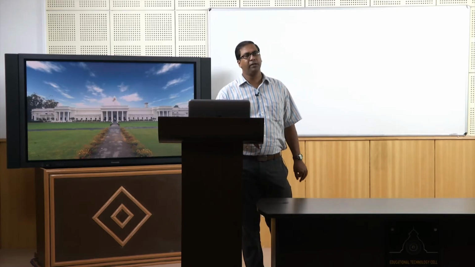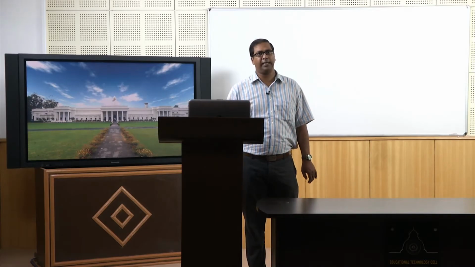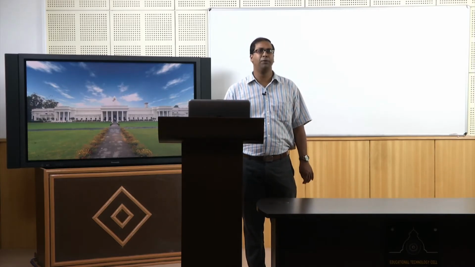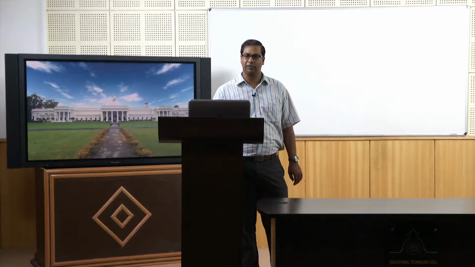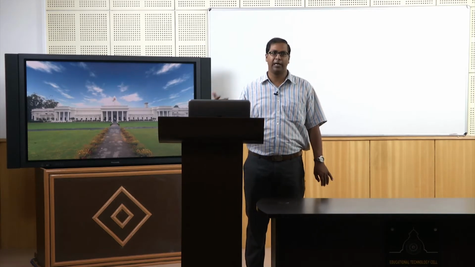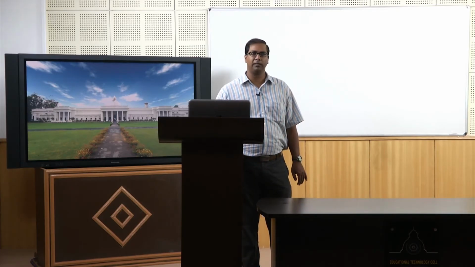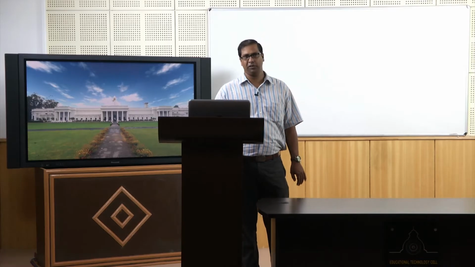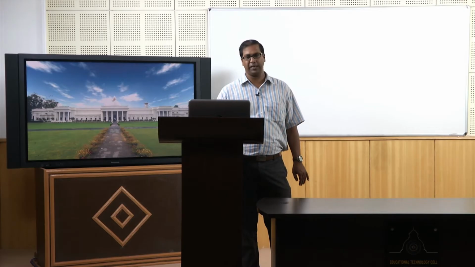Now, if we roughly divide the British policies, it can take the shape of two perspectives. The first perspective is the direct or indirect policy which led to the destruction of indigenous education system, and consequently the public work that was initiated on a mass scale by the state in the post Sepoy Mutiny phase, that is post 1857.